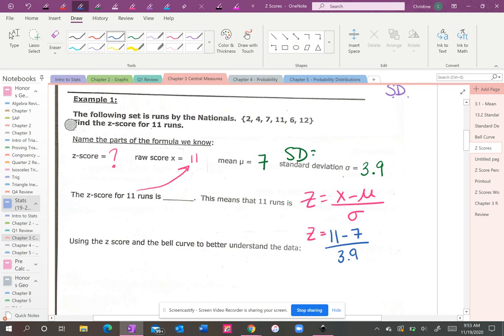So what the problem is about goes first, minus the average, over the standard deviation. 11 minus 7 is 4, divided by 3.9 is about 1.03.